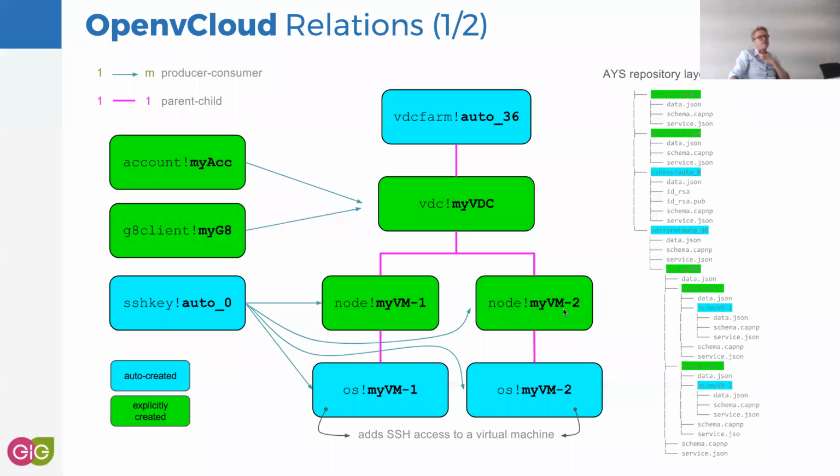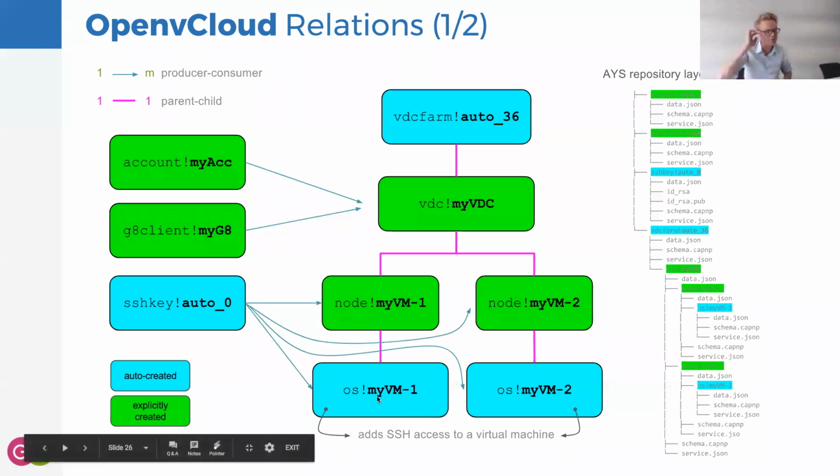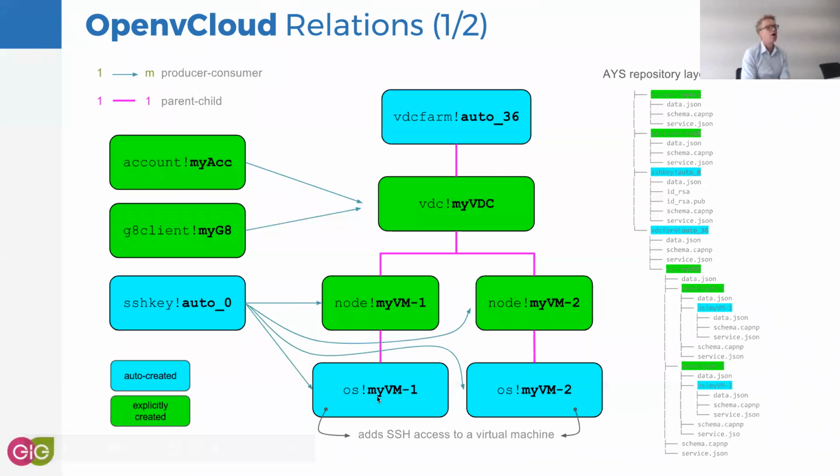At the level of the VMs, and also at the level of something that, again, you will learn about later, a service that represents the SSH service running in the VM. So you can have an AYS service for basically anything. Having an AYS service just for a key, you might not have thought of it like this.